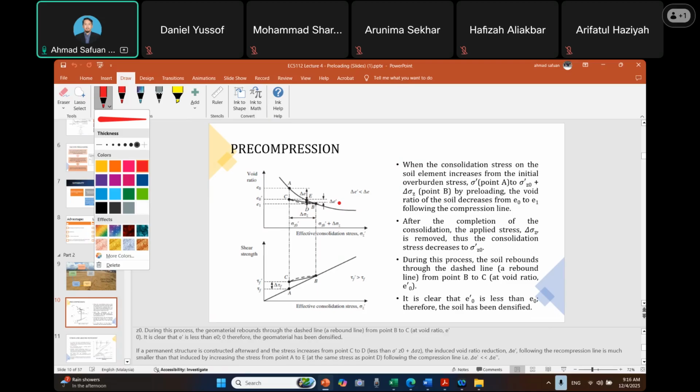So this is a stress path. There is a K naught line. This K naught line represents the condition where deformations do not happen because it is at rest.